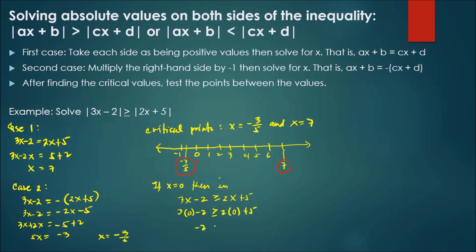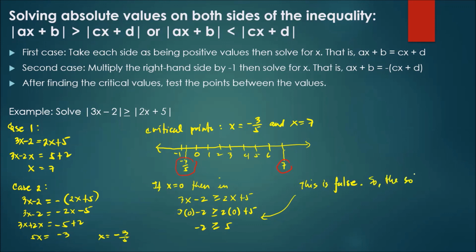So we have negative 2, is it greater than or equal to 5? Is this true or false? Okay, so we know that this is false.